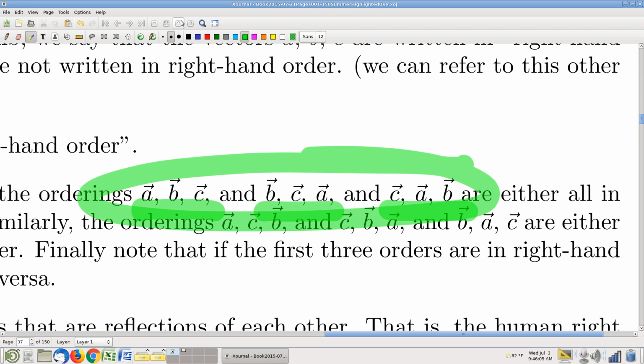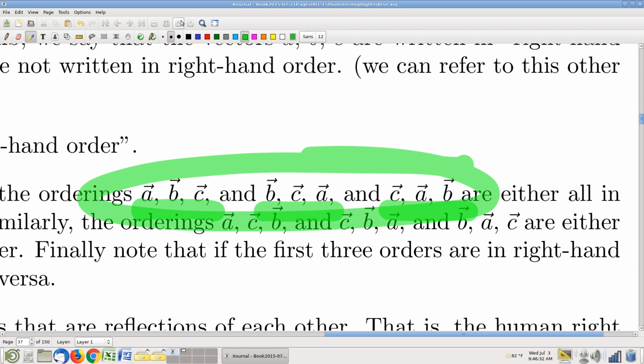But if ABC is a right-hand order, then look at this. See this move here? If ABC is a right-hand order, then this says that CAB is a right-hand order. And I don't think I have the wrist flexibility to do the other one, but it's just a rotation.